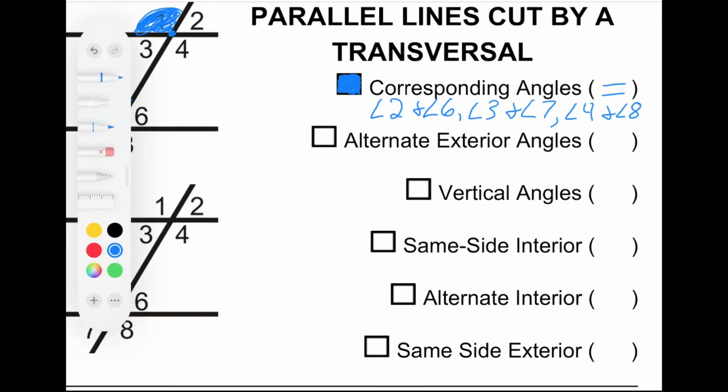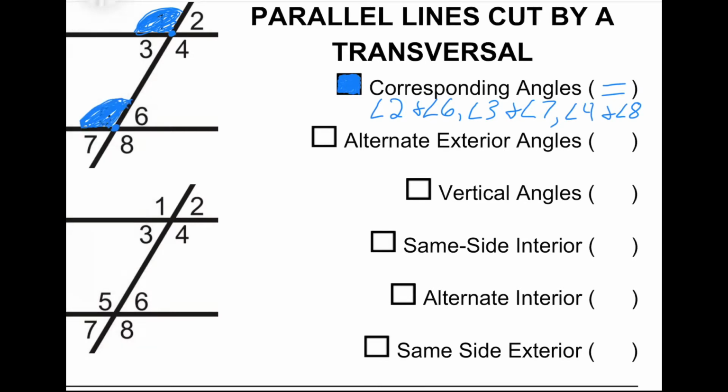So the next one we want to look at is alternate exterior angles. Well, the word exterior means outside, and alternate is going to refer to opposite sides of the transversal.